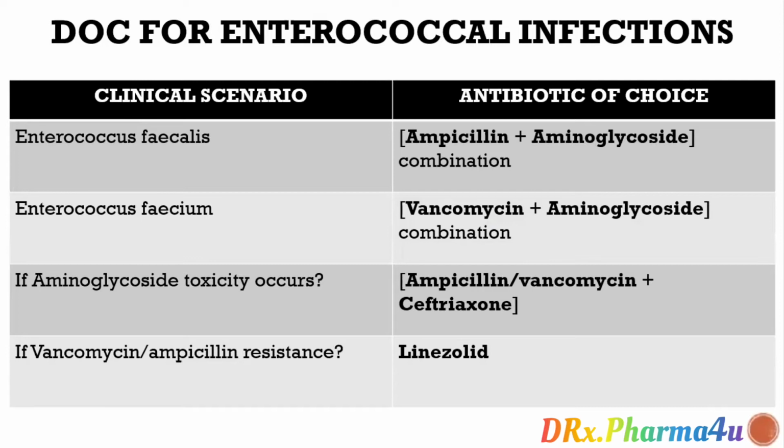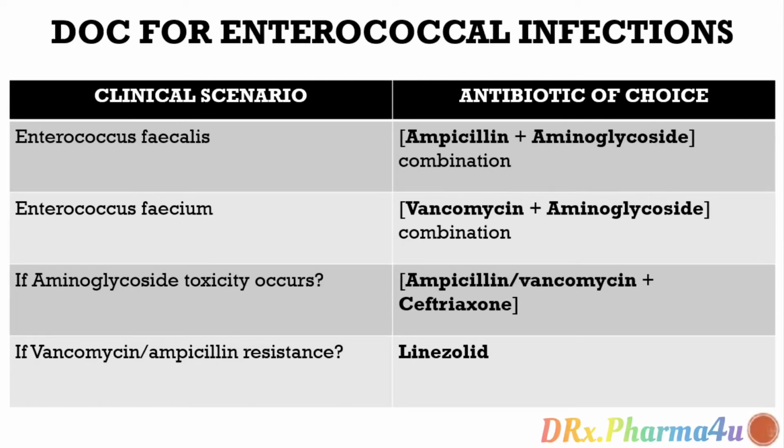If you are having enterococcal infections, based on the clinical scenario, the antimicrobial of choice may differ. So if you are having Enterococcus faecalis infection, we can use ampicillin plus aminoglycoside combination. If you are having Enterococcus faecium infection, you can use vancomycin plus aminoglycoside combination.